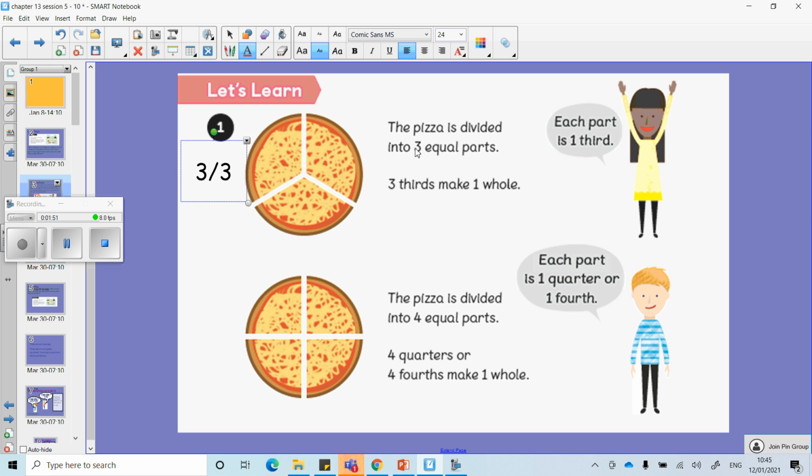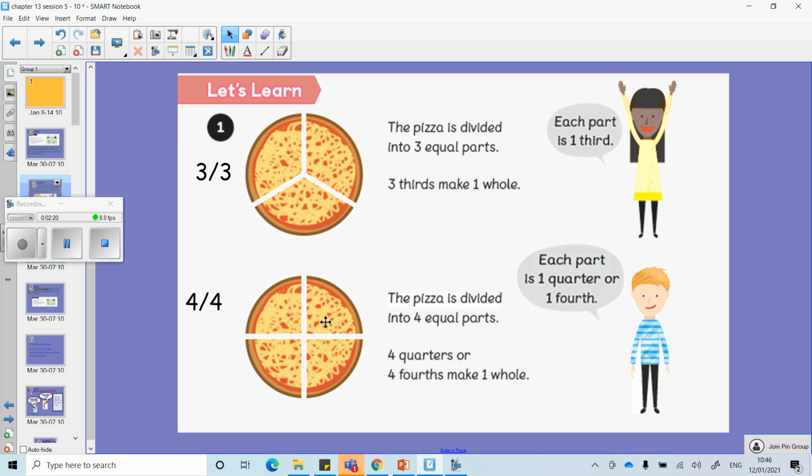This pizza is divided into 3 equal parts. Each part is 1/3. 3/3 make 1 whole. There we go. Now Charles down here ate 4 slices out of 4 equal slices. So he ate 4 quarters or 4/4. Each part is 1/4.